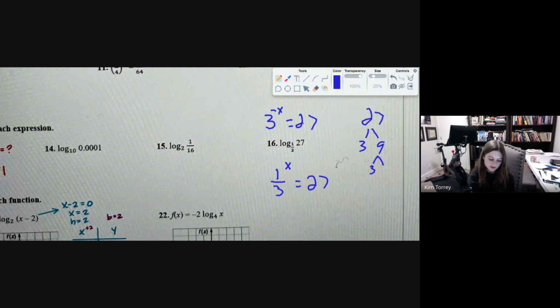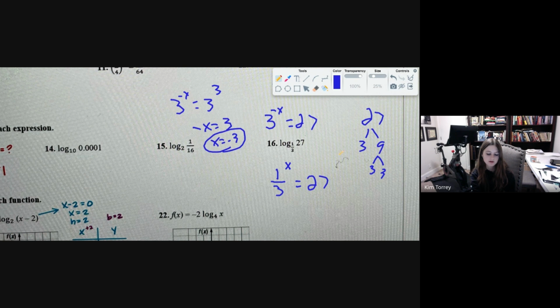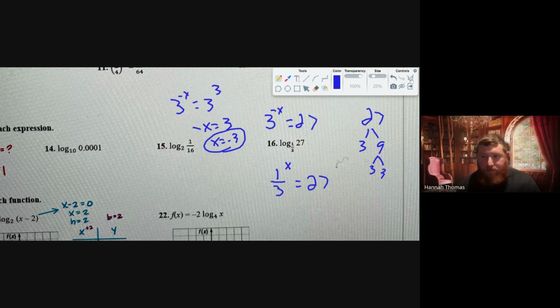So then it would be 3 to the negative 1x equals 3 cubed. And then you would multiply, so it would be x equals negative 3? Yep. Okay. Well done. Thanks. You're welcome.